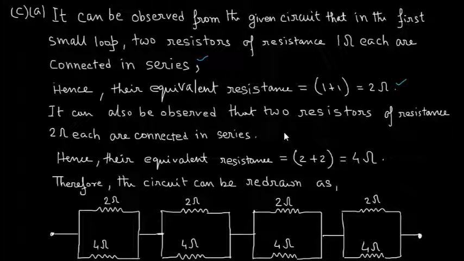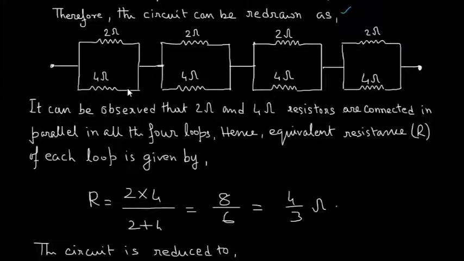It can also be observed that two resistors of resistance 2 ohm each are connected in series. Hence, their equivalent resistance is 2 plus 2, that is 4 ohm. Therefore, the circuit can be redrawn as this.